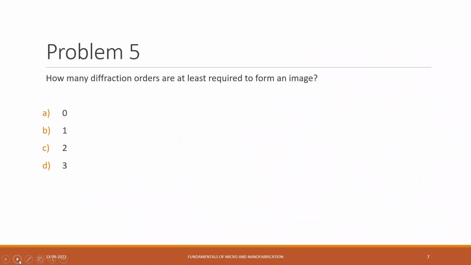Actually it's two diffraction orders that are required, such that we get an interference pattern, where one pattern is this one and the other is the other one. So you have to get at least two orders to have an image formed on the photoresist.